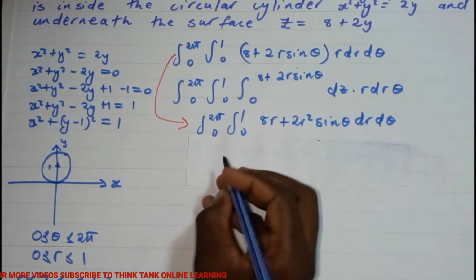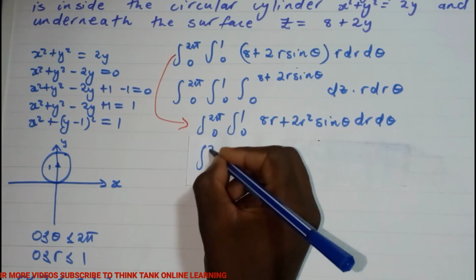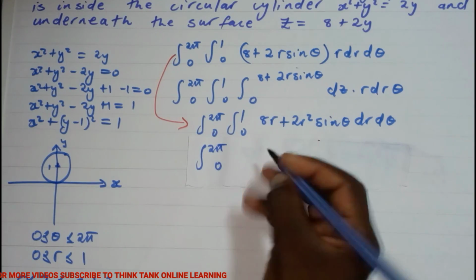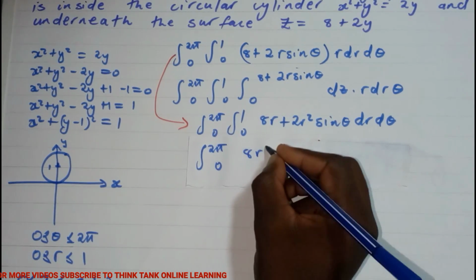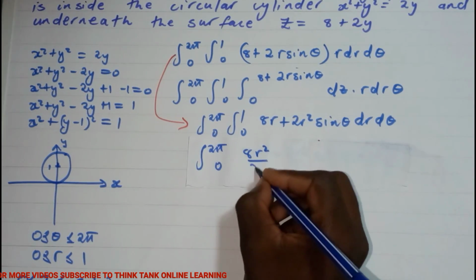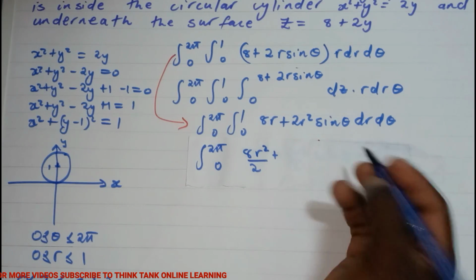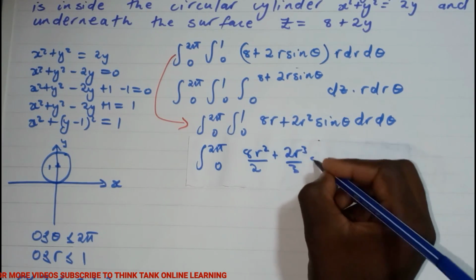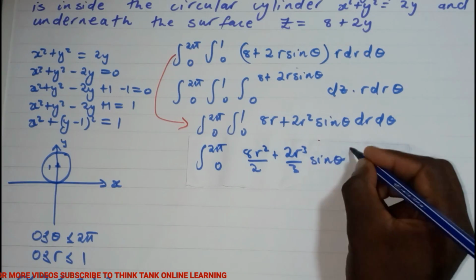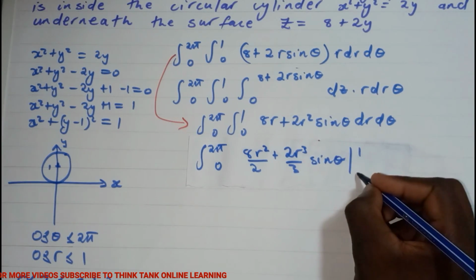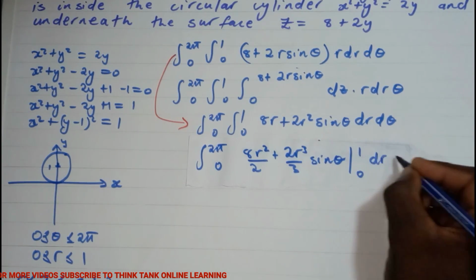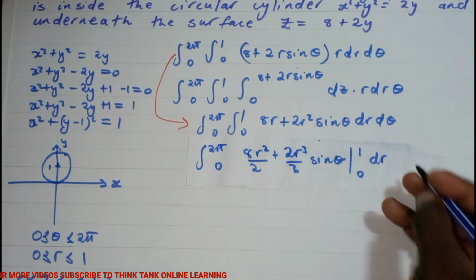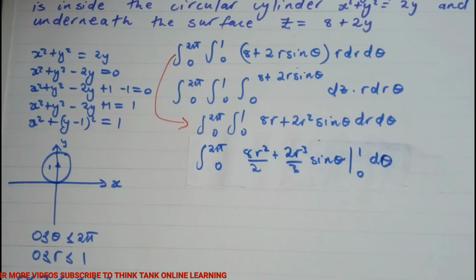Please don't forget this r. Let's integrate. We have 8r squared over 2 plus 2r to the power 3 over 3 times sine theta, with limits 0 to 1. We no longer have dr, so we're left with d theta.